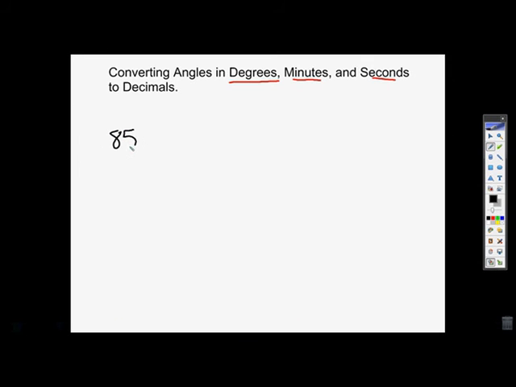Here I had 85 degrees, 18 minutes, 30 seconds. And the button we're looking for on the calculator, above one of the lower right-hand buttons, you will see DMS, degrees, minutes, seconds, and then a little arrow, and then a DD. This means convert degrees and minutes and seconds into decimal degrees.